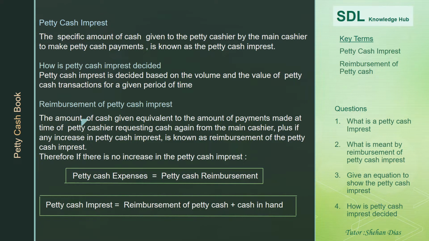So if there is no increase in petty cash imprest, then we can say petty cash expenses will equal the petty cash reimbursement. So based on this, we can also say petty cash imprest is equal to the reimbursement of petty cash and the cash in hand.